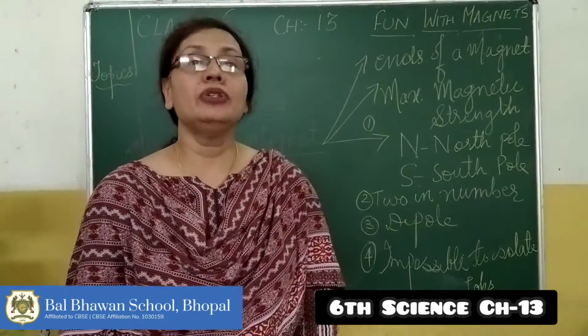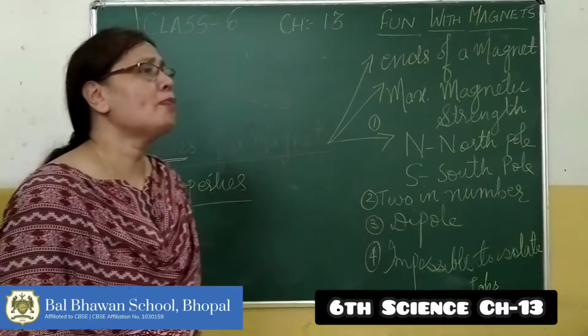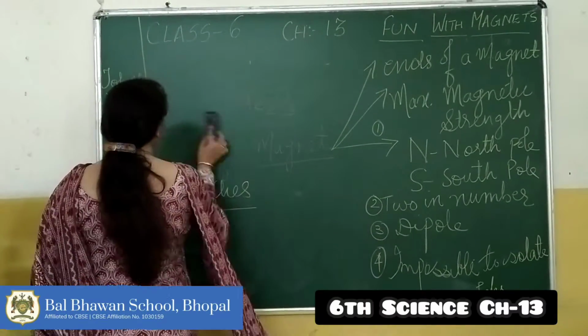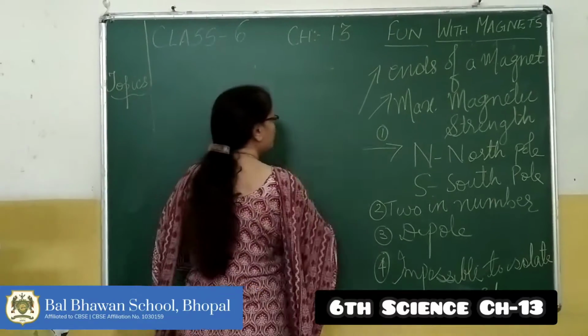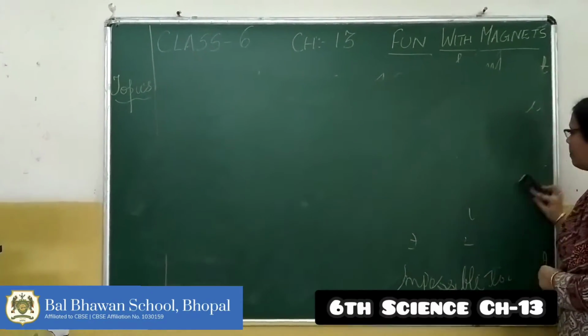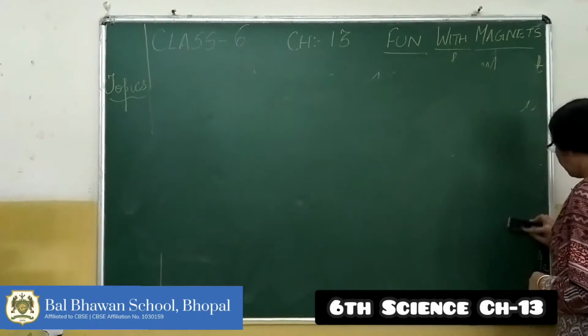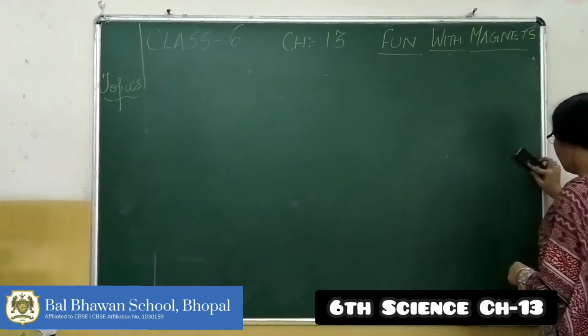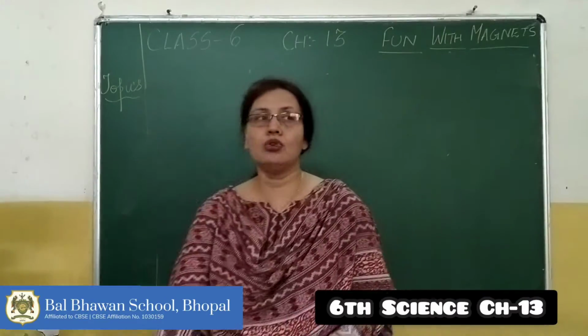Now children, coming to the next property, one of the common properties of a magnet, you all know that it attracts iron pieces, but there are two more properties of a magnet which we are going to cover today. And what are these two properties?